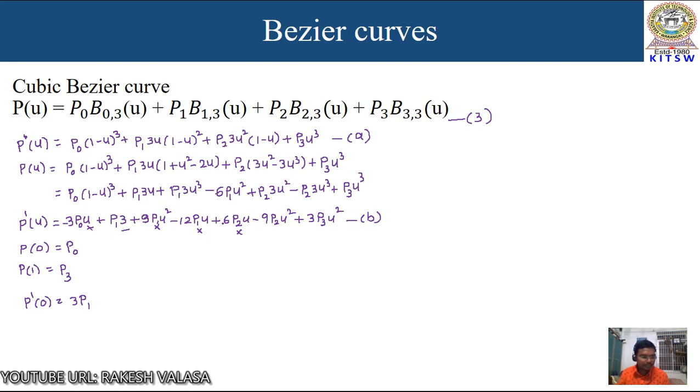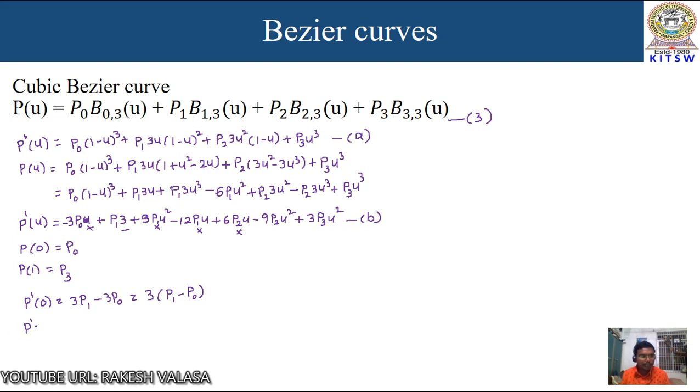Another term 3p naught, actually this is the 0, minus 3p naught, so write minus 3p naught. Let us take common, that is 3 into (p1 minus p naught).